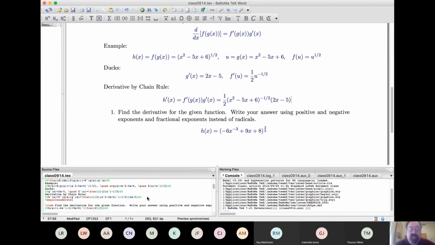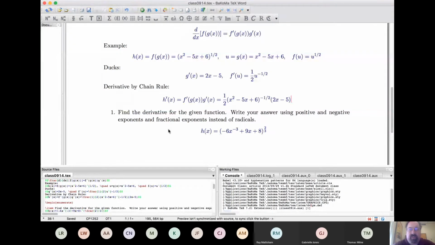Okay. Now, one instance of a chain rule is called the general power rule. Really all it is is a chain rule where the outer function is always raising to a power, like we have here.